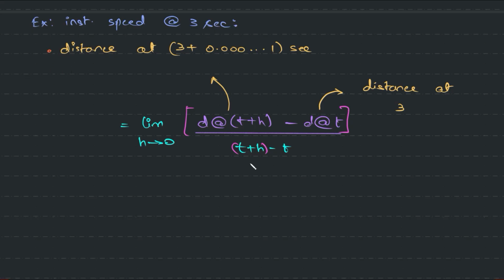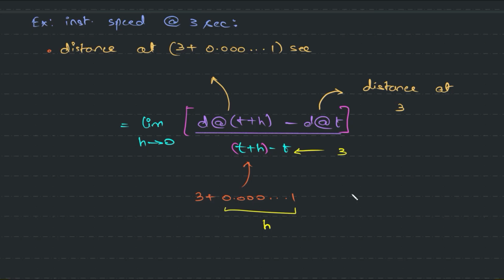So basically here this would be 3 plus 0.000 dot 1, and this is 3. Got it? So basically h is going towards 0. This is basically your h. So this is the funda.